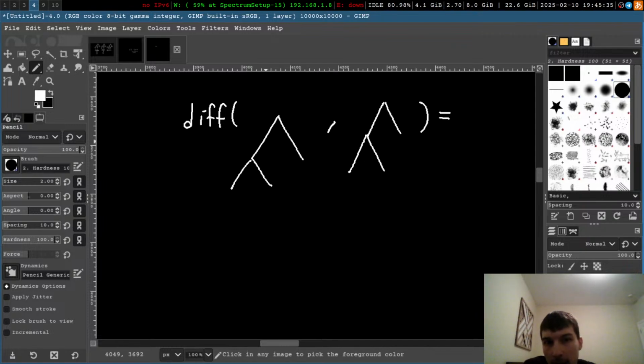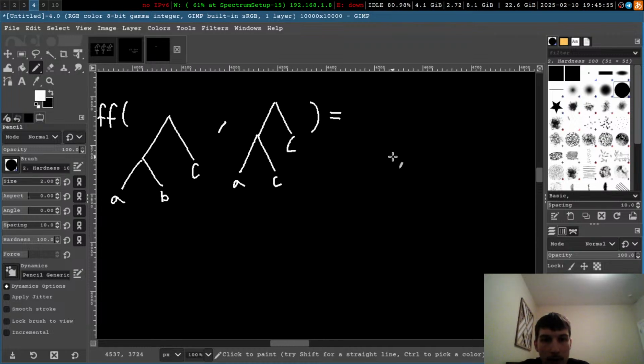It's not subtract. If we just say A, B, C, and then we have A, C, C. Well, what it does now is returns you a tree where this becomes none, and I'm pretty sure this becomes B, and then this becomes none.